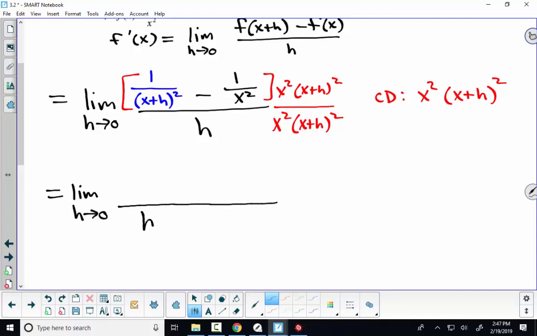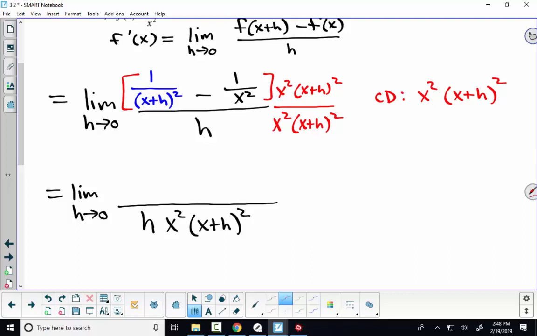Leave the denominator, I guess, factored. What does the numerator turn into? What's x squared times x plus h squared divided by x plus h squared?